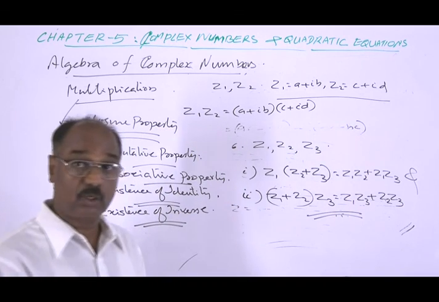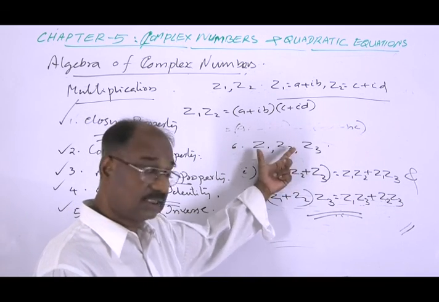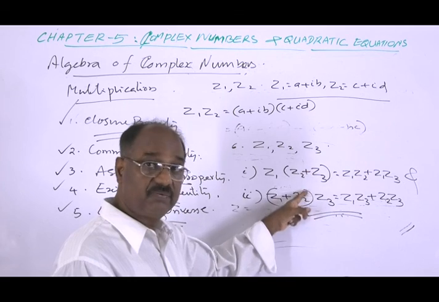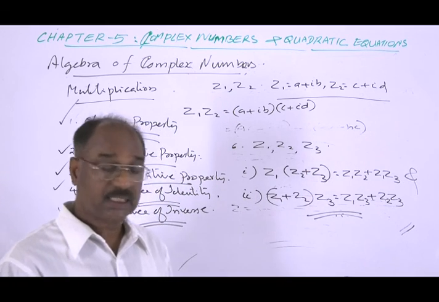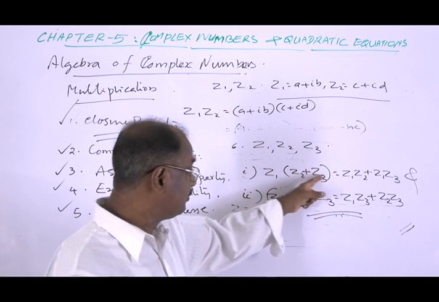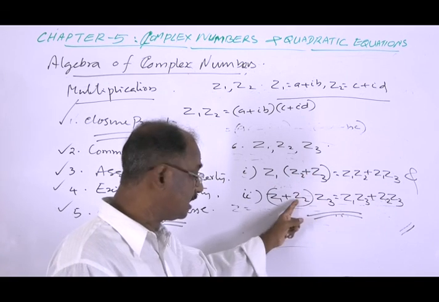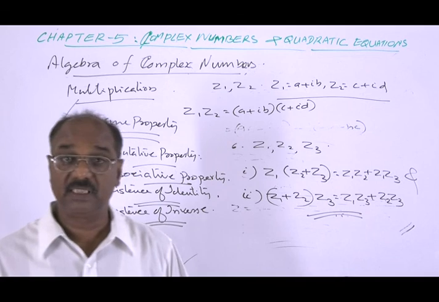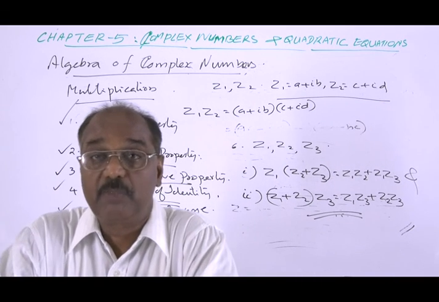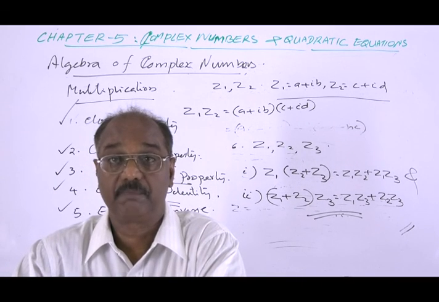For any three complex numbers Z1, Z2, Z3, we can verify this easily. That is, multiplication is distributive over addition, which is called the distributive property of complex numbers.